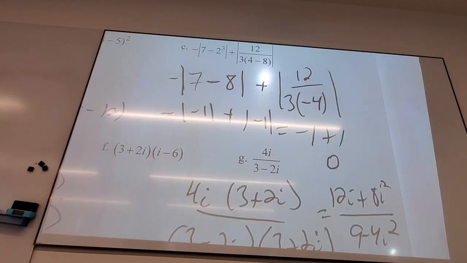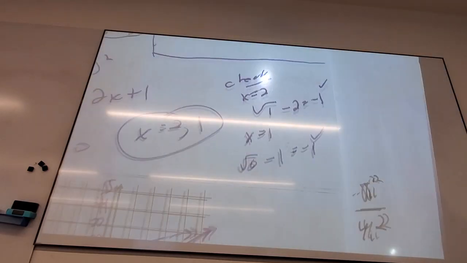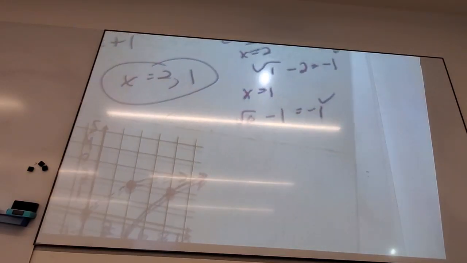So let me know if I got any of these wrong. I'm averaging about a 97. Yeah, number 8 was weird.